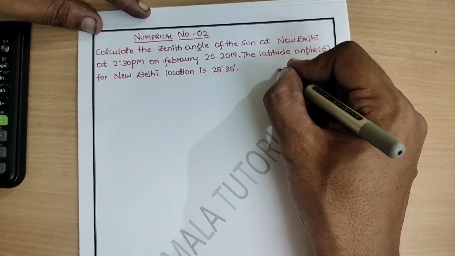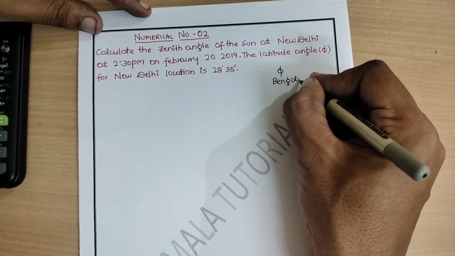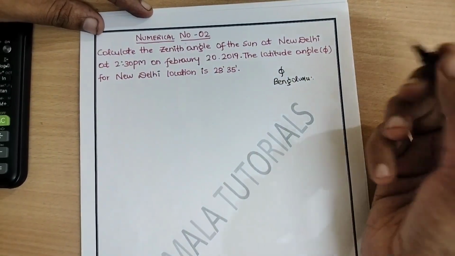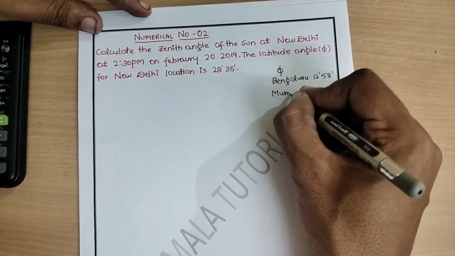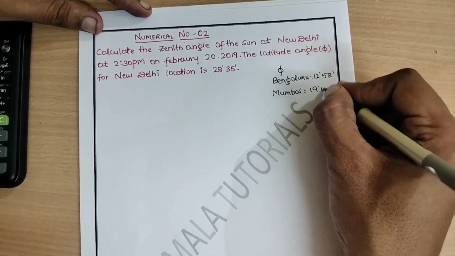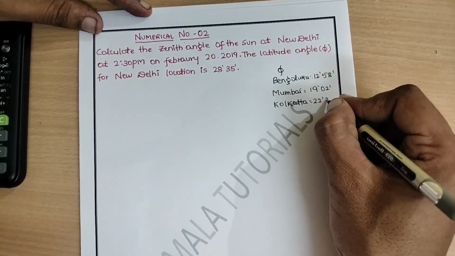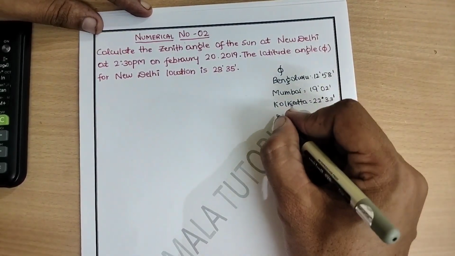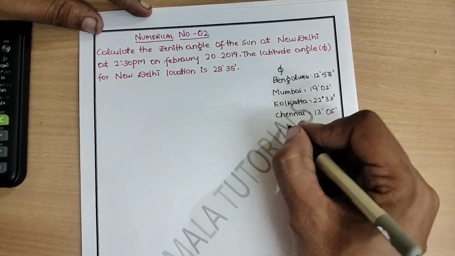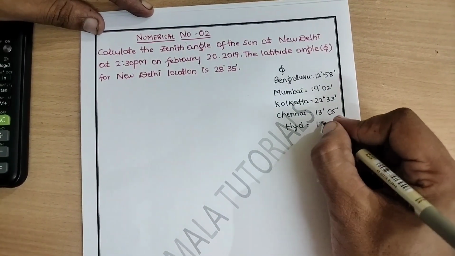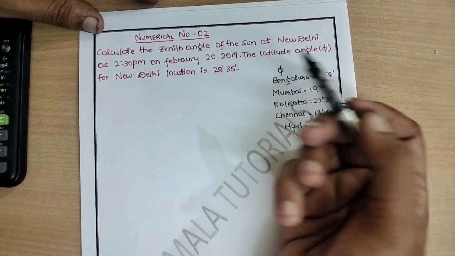For example, the value of phi for Bengaluru is somewhere around 12 degree 58 minute. The latitude angle for New Delhi location is 28 degree 35 minute.